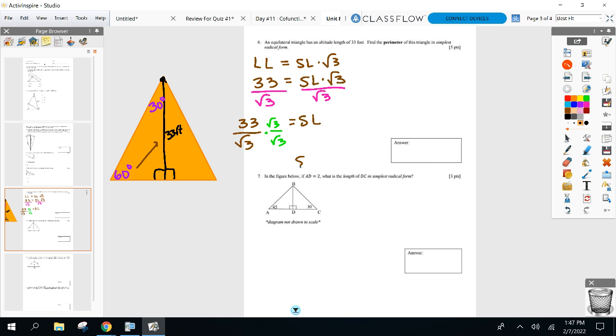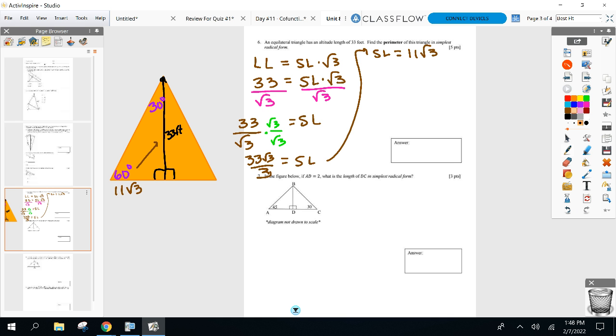Shorter leg, 33 radical 3 over 3. Still reduce. Shorter leg is equal to 11 radical 3, across from the 30. I'd like to know what the hypotenuse is because that's a full side of my equilateral triangle I'm trying to find the perimeter of.